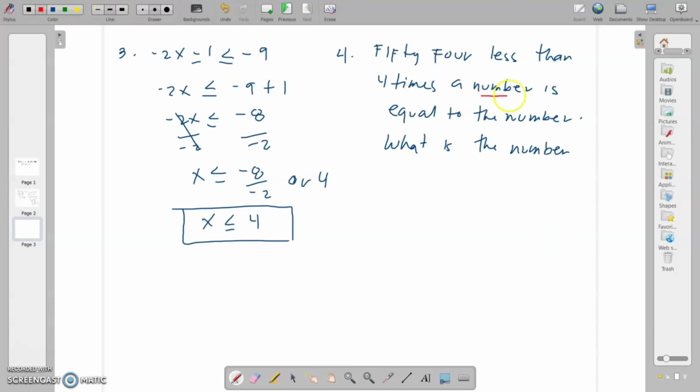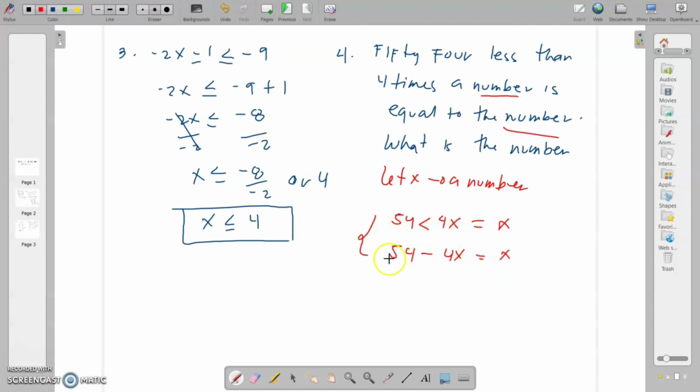So let x equal a number. Then translate na ang sentence. Bali 54 less than 4 times a number equals x, or a number. So pwede rin 54 minus 4x equals x.